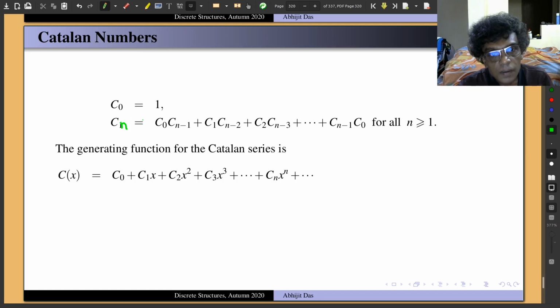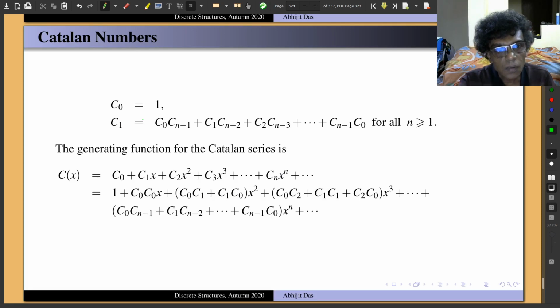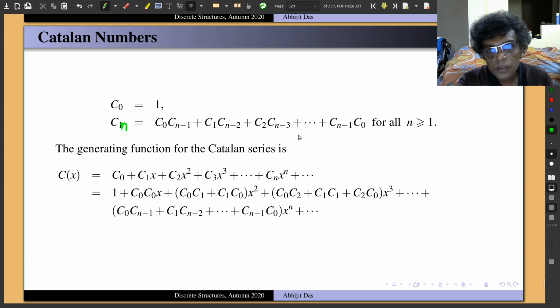What does it give? 1. And this is C0 C0. This is C0 C1 plus C1 C0. Next one is C0 C2, C1 C1, C2 C0. In general, I have C0 Cn minus 1, C1 Cn minus 2 and so on.